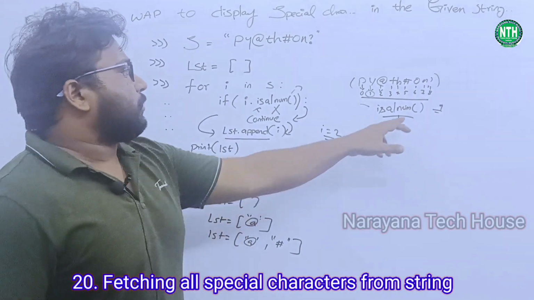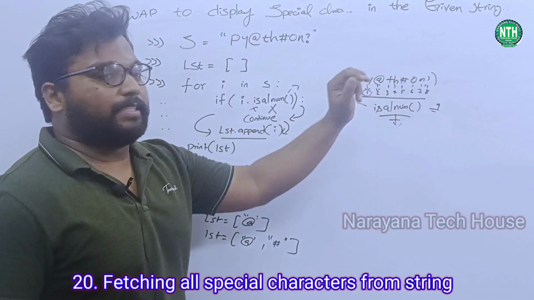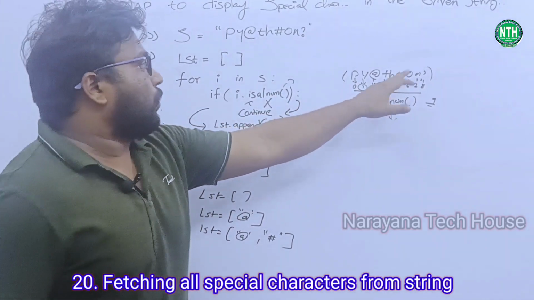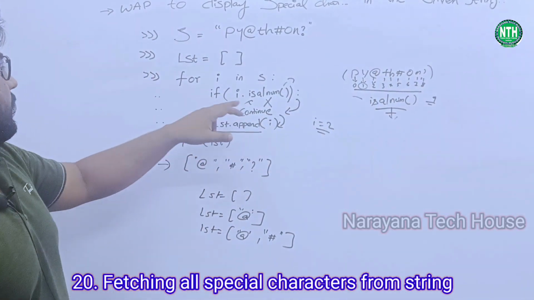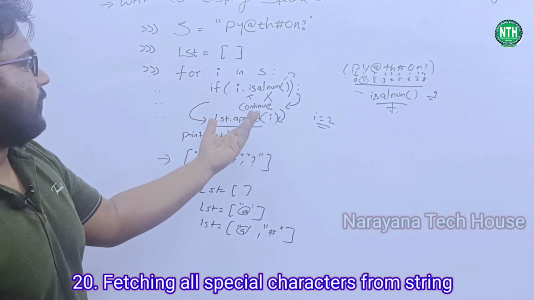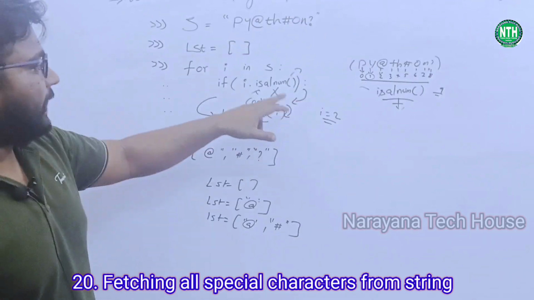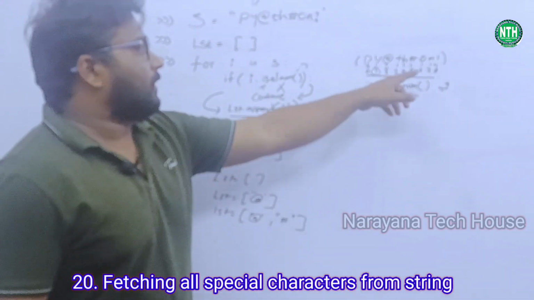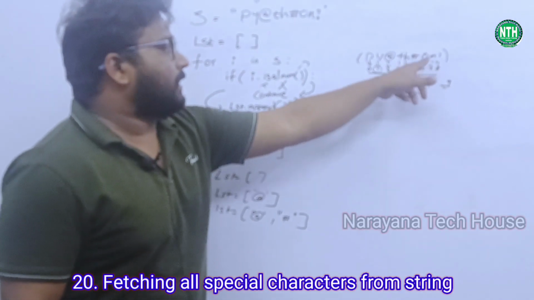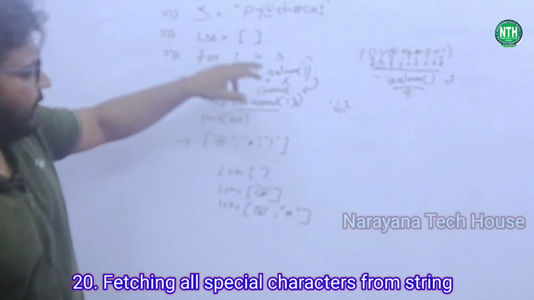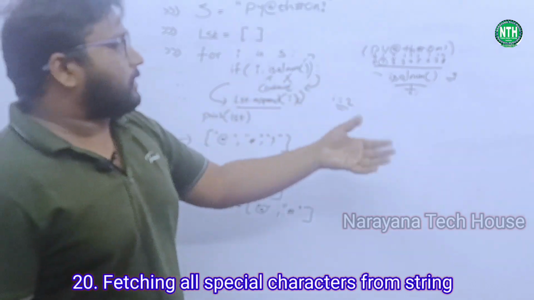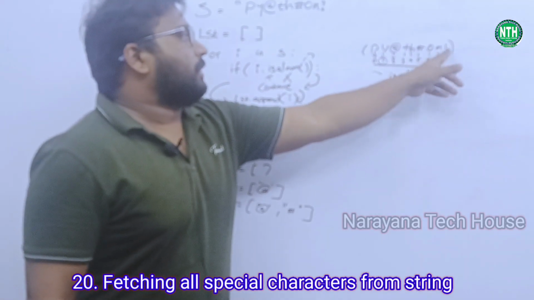Then it moves to the 6th index, which is o. O is an alphabet only, so it will again continue. It won't print, and again the 7th index, n, is also an alphabet, so it continues until it reaches the special symbol, the question mark.